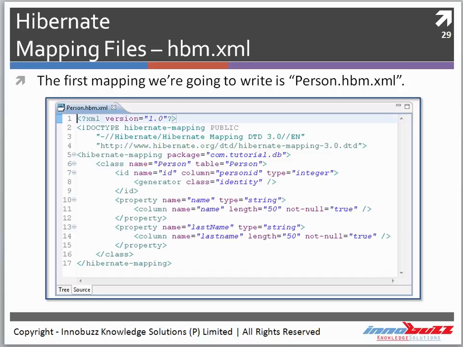After this, come all the attributes of the class, like name and last name, with their attributes like the Java type, string for both, and the maximum character length allowed, which is 50. Also, those attributes should not be null.